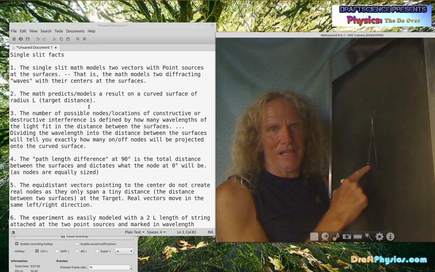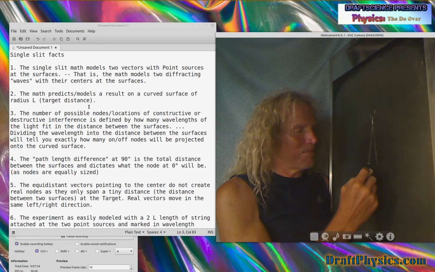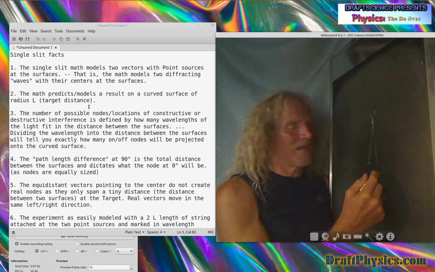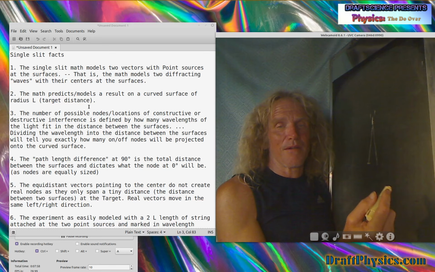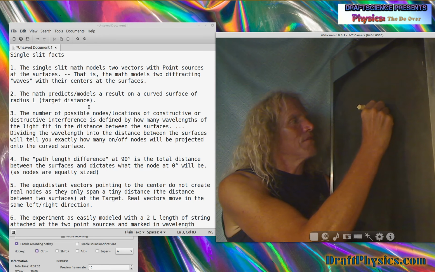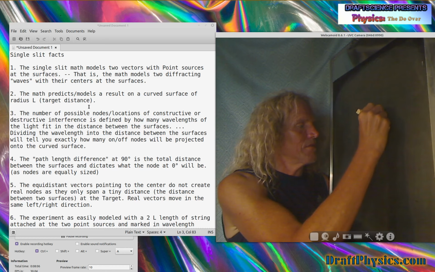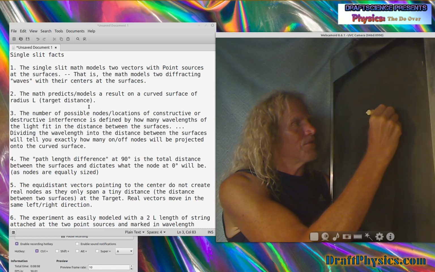They're the same length. But the first real wavelength difference is probably going to be someplace like here, and then the next node would be here.